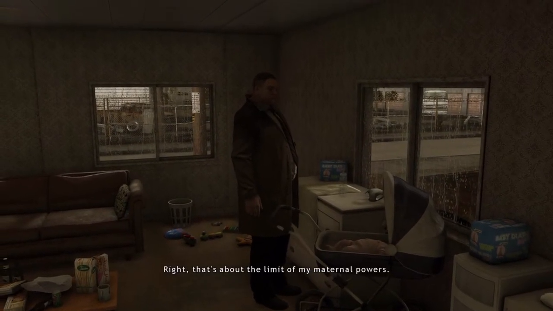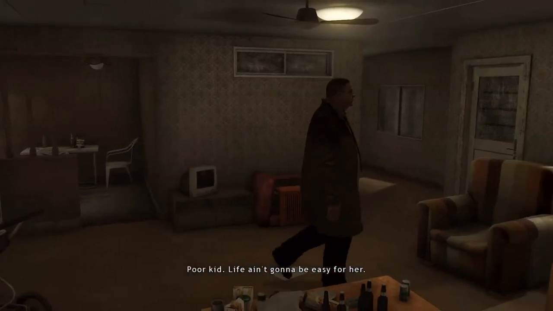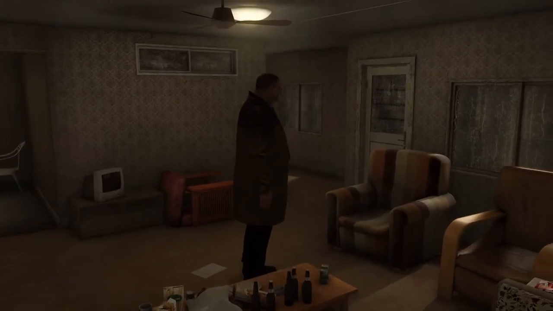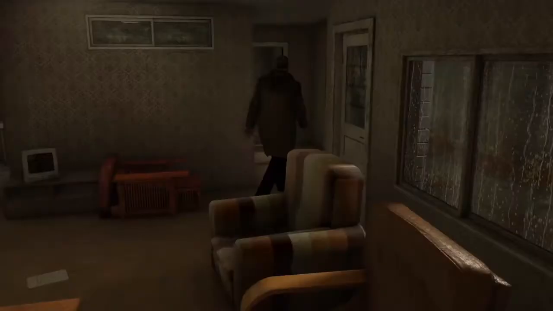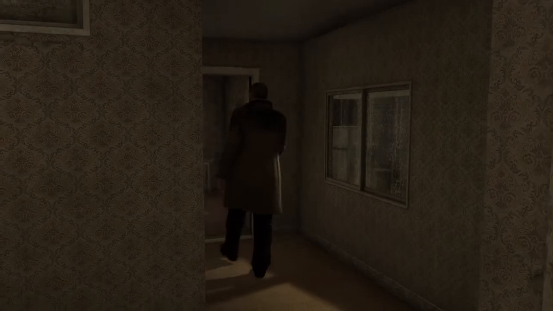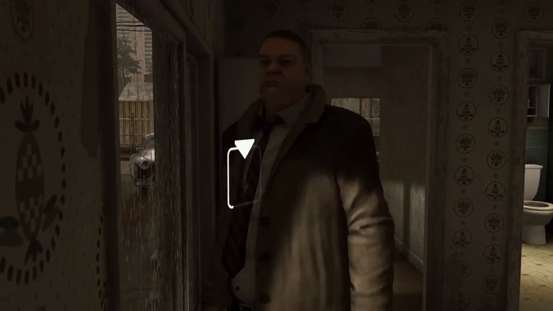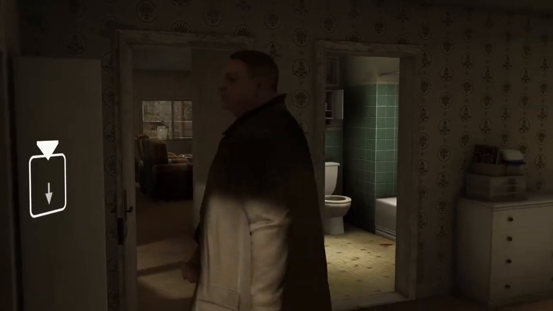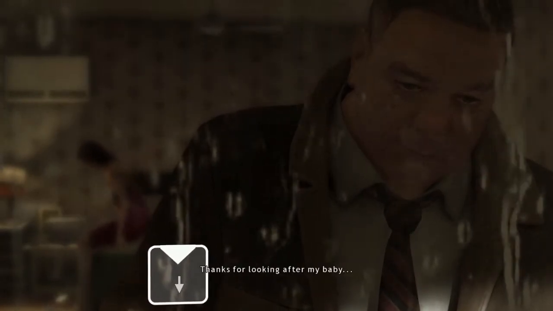Right. That's about the limit of my maternal powers. Poor kid. Life ain't gonna be easy for her. Thanks for looking after my baby.